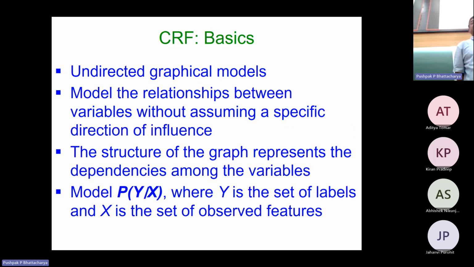So CRF basics are as follows. CRFs are undirected graphical models. They model the relationship between variables without assuming a specific direction of influence. The structure of the graph represents the dependencies among the variables.